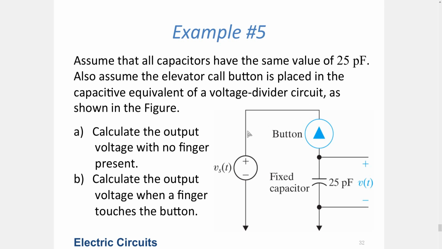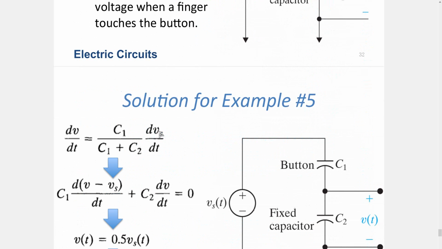As the first step, we need to calculate the output voltage when there is no finger present, and also when there is a finger present. The difference will tell us how to detect the existence of someone touching the button. Okay, so let's do it.